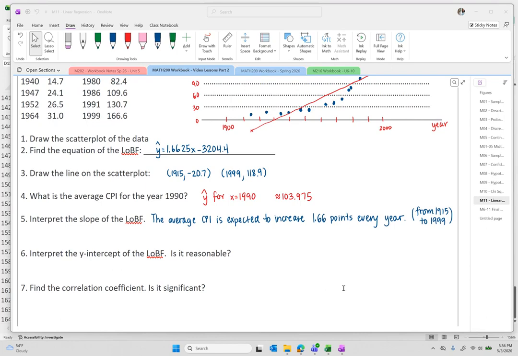So for our scenario, in year 0, the average CPI is expected to be negative 3,204.4, which is not a reasonable value for the consumer index. So why did we find an unreasonable value of the average CPI? That is because we are extrapolating way too far from the years 1915 to 1999.